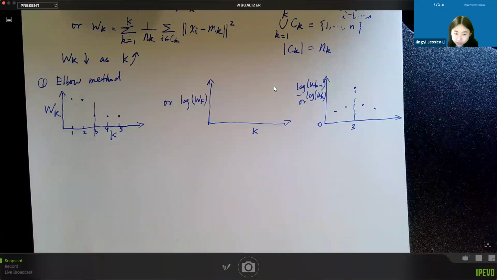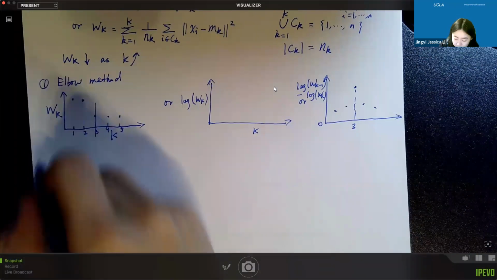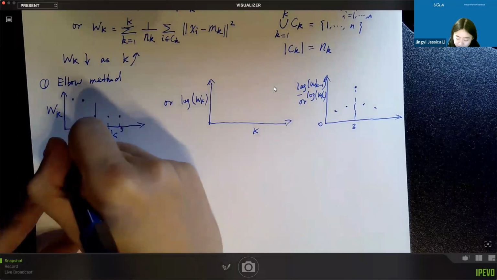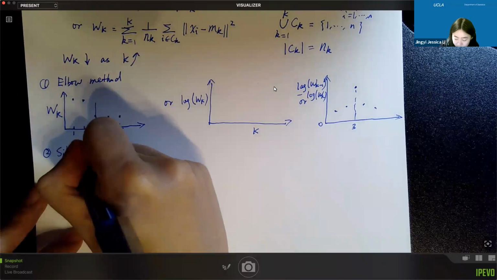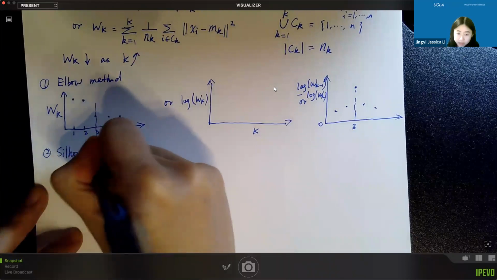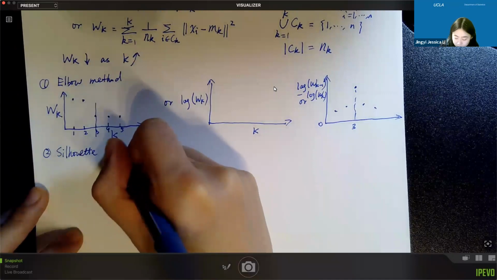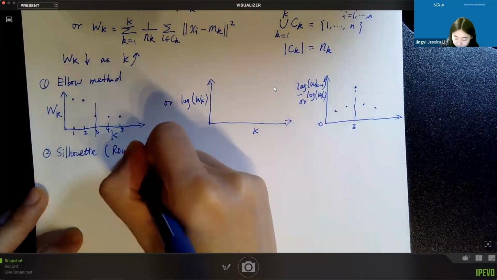And the second one is also a graphical tool, and it's also widely used. It has an R function for implementing it. It's called silhouette. It's from a 1987 paper that proposed this graphical approach.